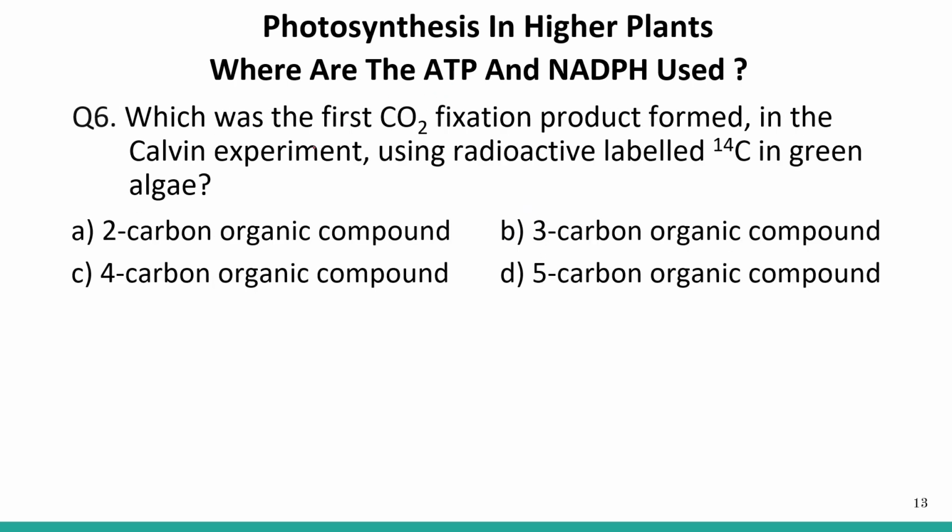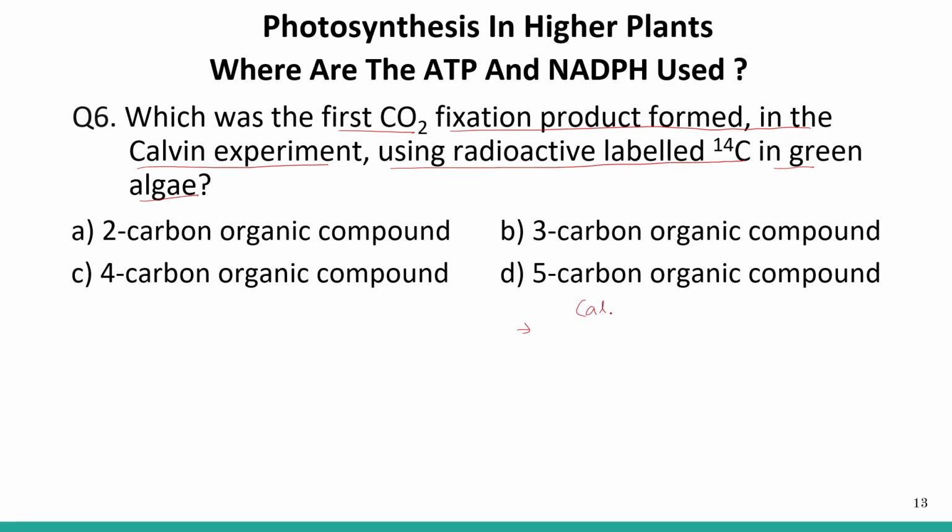The next question is, which was the first carbon dioxide fixation product formed in the Kelvin experiment using radioactively labeled carbon-14 in green algae? Okay, so what happens during the Kelvin cycle?